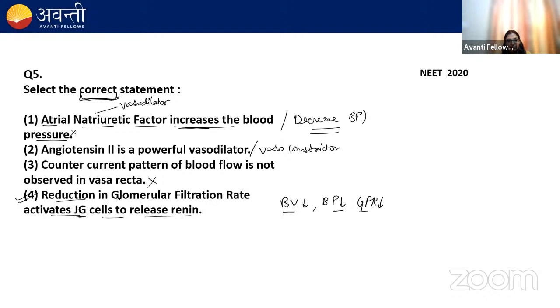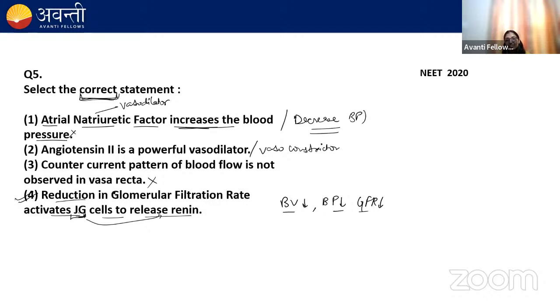And this low glomerular filtration rate will activate the juxtaglomerular cells and they release renin, and then renin will act on the angiotensinogen, which converts angiotensinogen to angiotensin 1, and then the angiotensin converting enzyme will convert it to angiotensin 2.